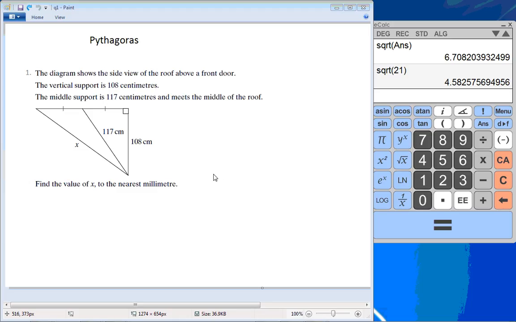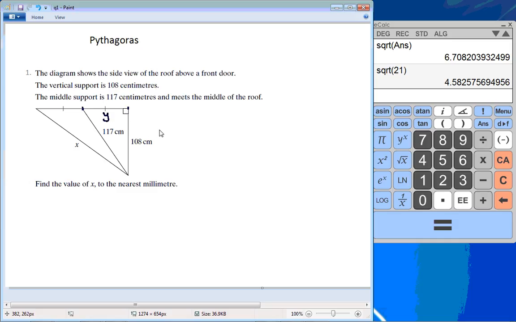Pythagoras, we can do some examples. So this example 1, we have to find the length x, but first we find the length from here to there. So we call that length y.